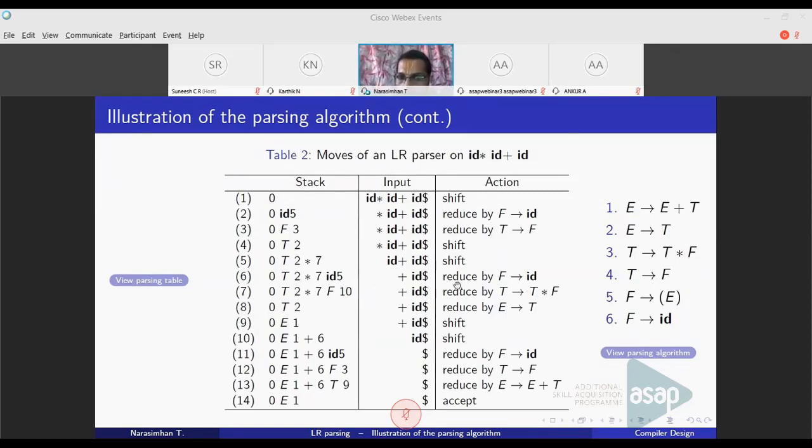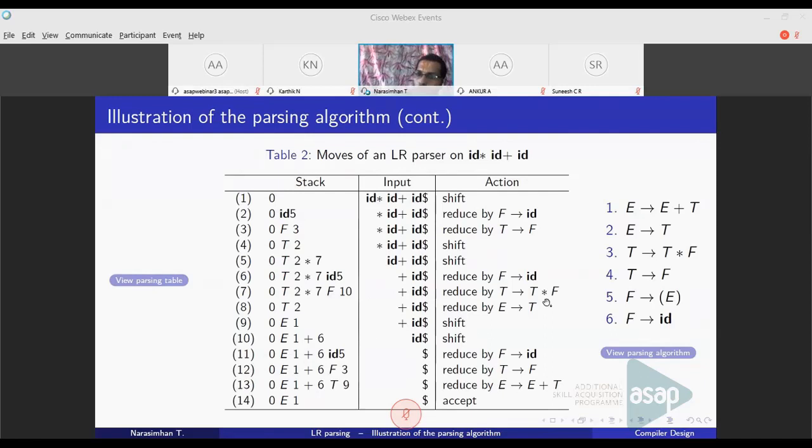Similarly, here also, if you neglect the state symbols, the grammar symbols in the stack are T star F at step number 7. There also T star F happens to be a handle. It is at the top of the stack, so you reduce using the production T gives T star F. That means when the handle occurs at the top of the stack, you go for reduction.